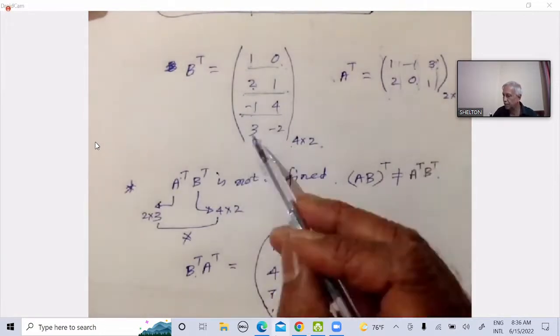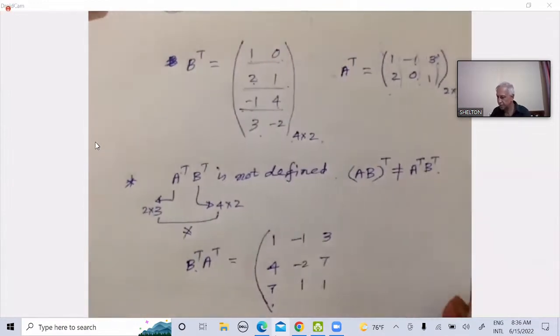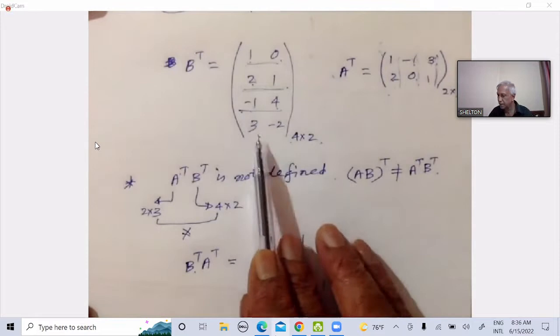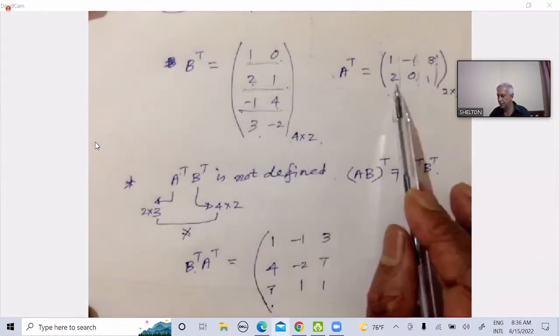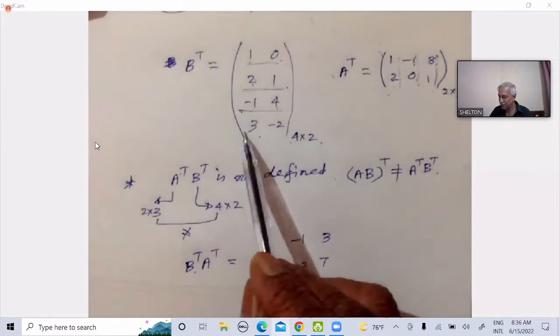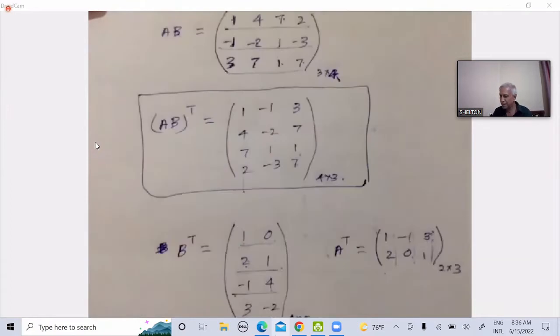Fourth row, first column. 3 minus 4 is going to be minus 1. What is AB transpose?